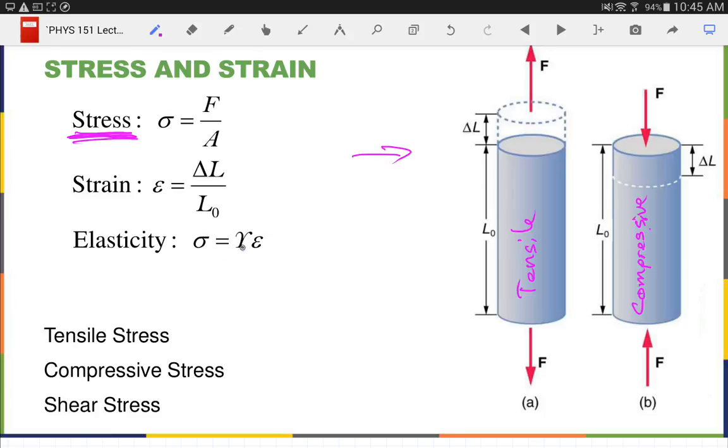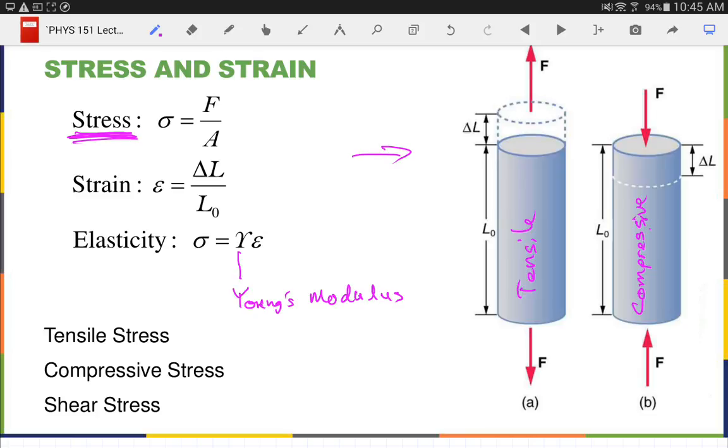And those 2 are related through this thing that we call the elastic modulus. The elastic modulus is called Young's modulus as well. Modulus. You can't read my writing. Okay.